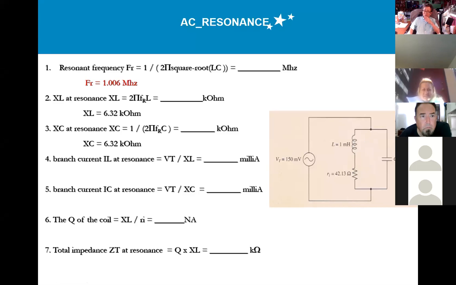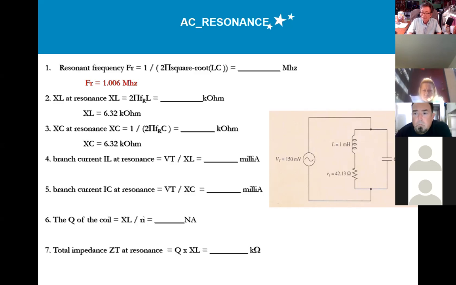Because their reactance is equal, 6.32K. You get the same voltage. If the two resistances are equal, the two currents have to be the same. And we already know for the parallel, IC goes up, IL goes down. They are opposite, so if they are equal, they cancel out.